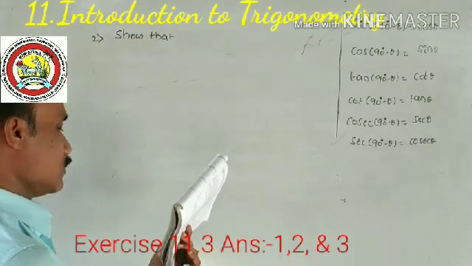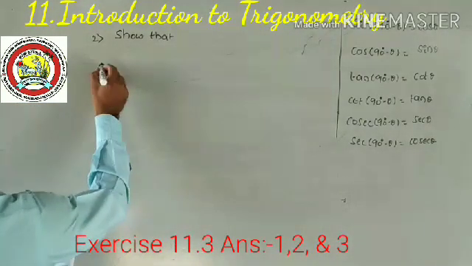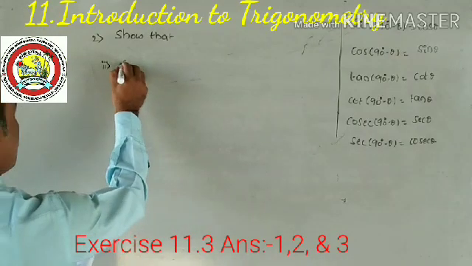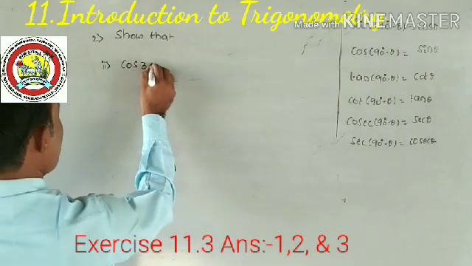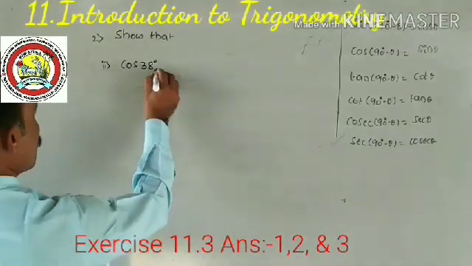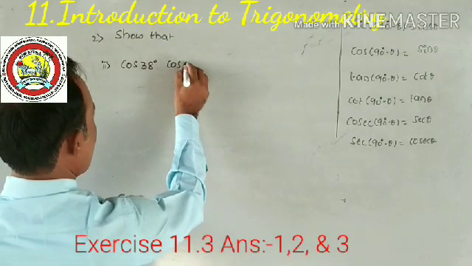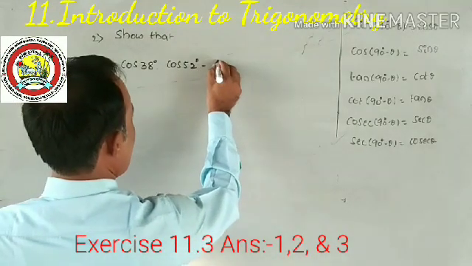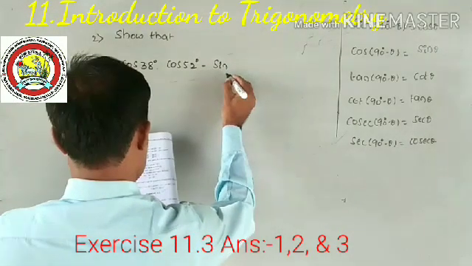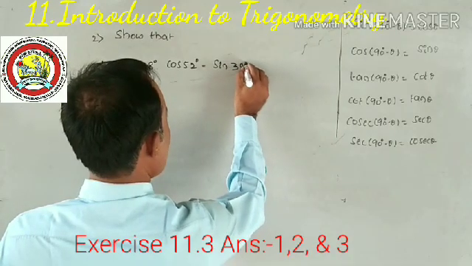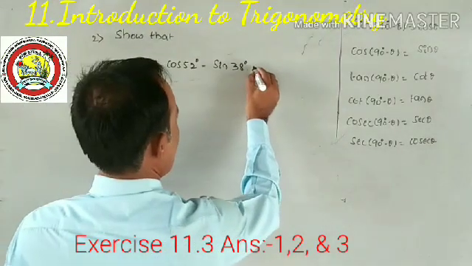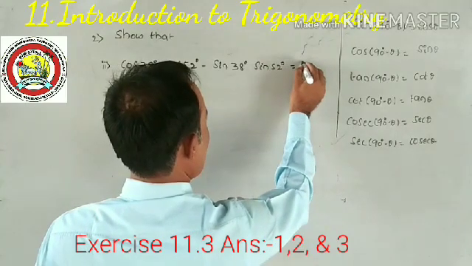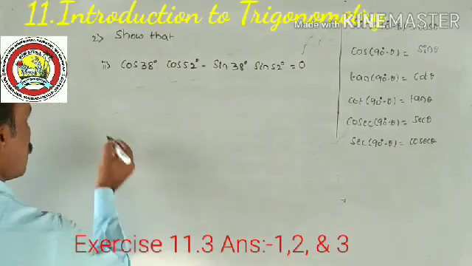Show that cos 38 degrees into cos 52 degrees minus sin 38 degrees into sin 52 degrees. We have to show this value is equal to 0.